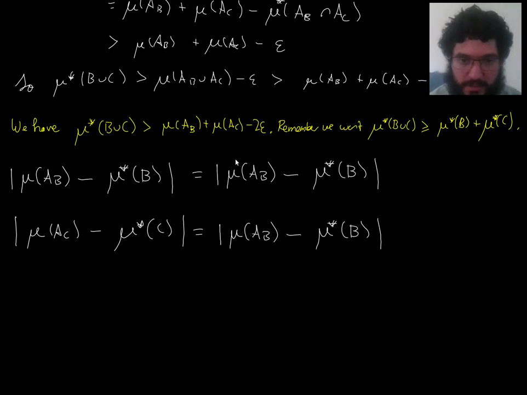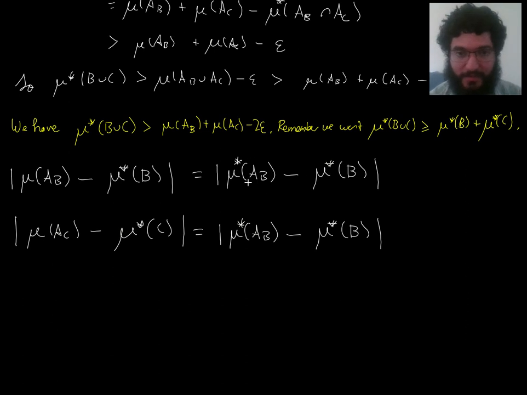So I can just stick a star right here, because we already proved part 1 of the amazing extension theorem, and we know that mu star is an extension of mu, so it agrees with mu when you apply it to things in the original algebra of sets.